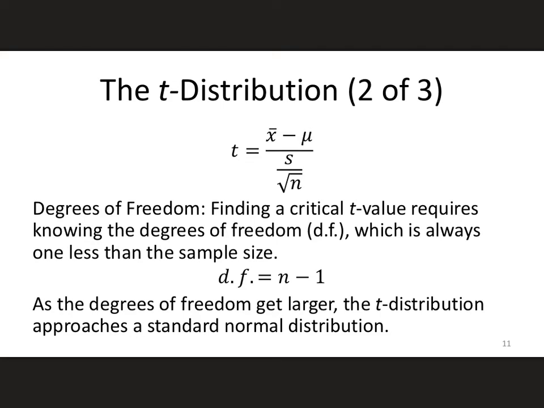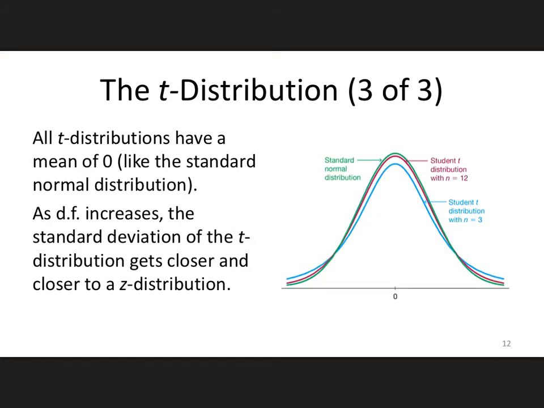Finding a critical t-value requires knowing the degrees of freedom, or df, which is always 1 less than the sample size. So that is just n minus 1. As the degrees of freedom gets larger, the t-distribution approaches a standard normal distribution. All t-distributions have a mean of 0, just like a standard normal distribution.